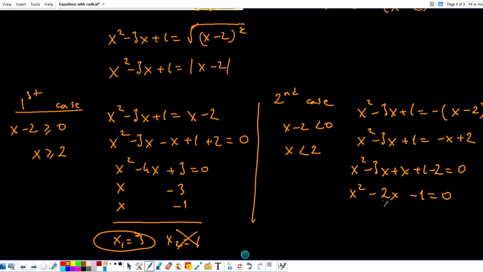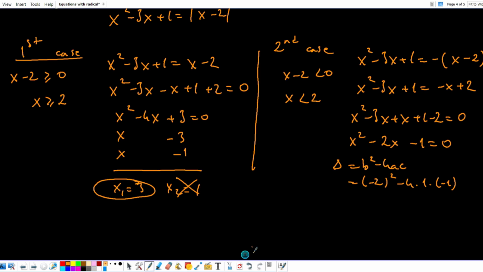If you try to factorize this one, it's not possible. So I will check the discriminant, b squared minus 4ac. So it is minus 2 squared minus 4 times a, which is 1, and c, which is minus 1. So I have 4 plus 4, which is 8.